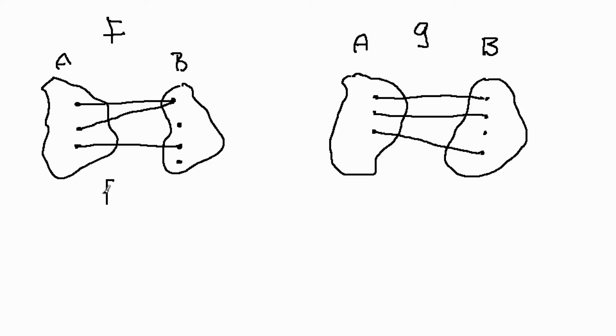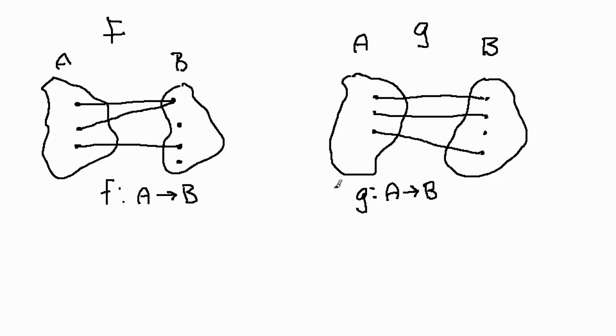So over here we have F that maps A to B. And over here we have G that maps A to B. Now remember, for something to be a function, it has to be the case that when we look at the domain, it only gets mapped to one point over in the range, okay?